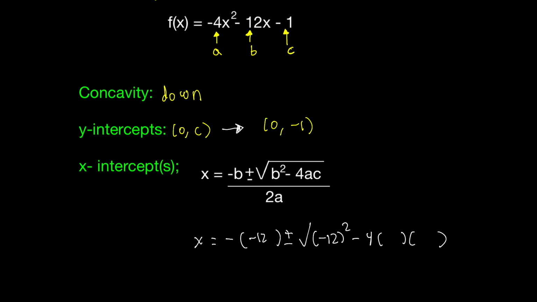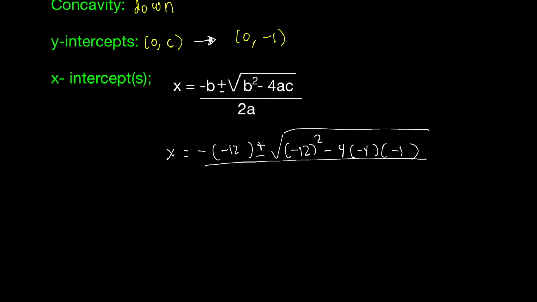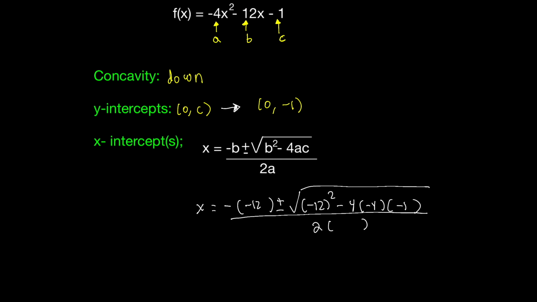A is -4, c is -1, so we get -4, -1, and then we're going to divide all of this by 2 times a. A again is the quantity -4.